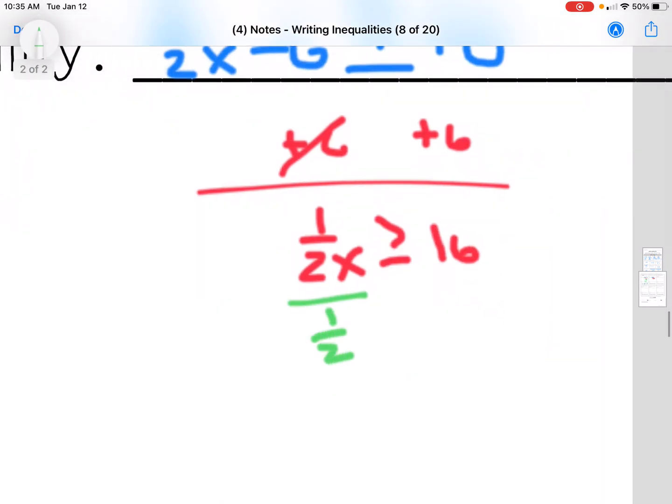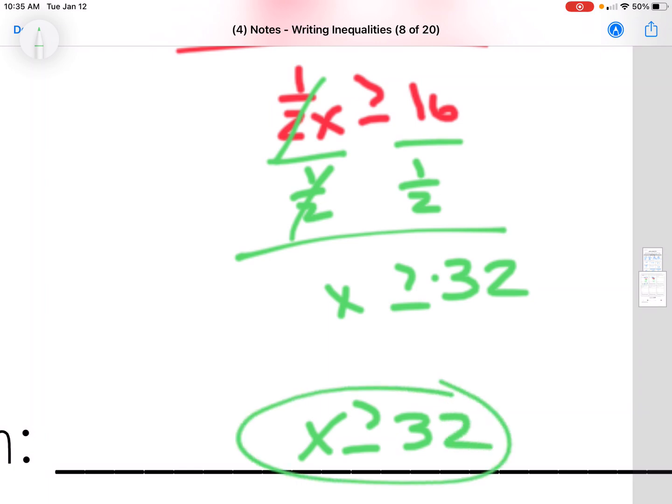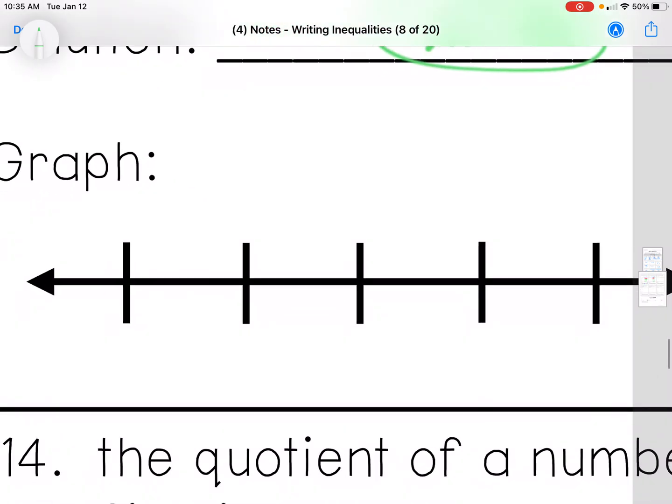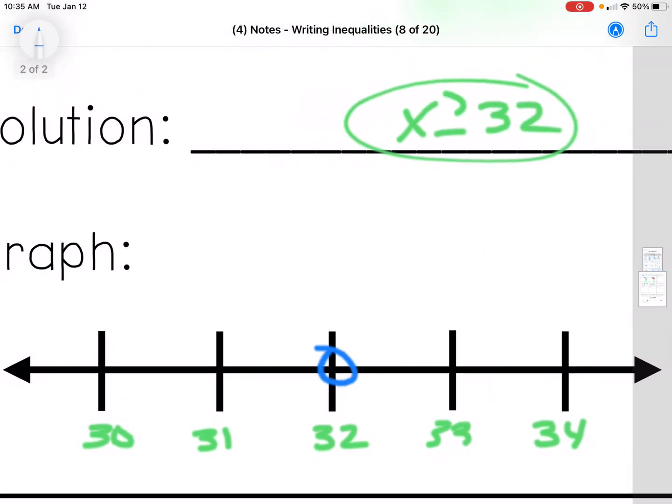Divide by 1/2. And you're going to get x is greater than or equal to 32. Go to your graph, go ahead and number that. It's going to be a closed dot. It's greater than, so it goes to the right.